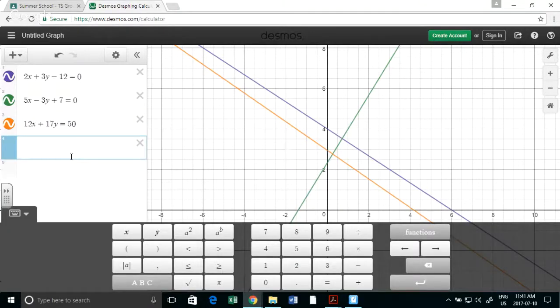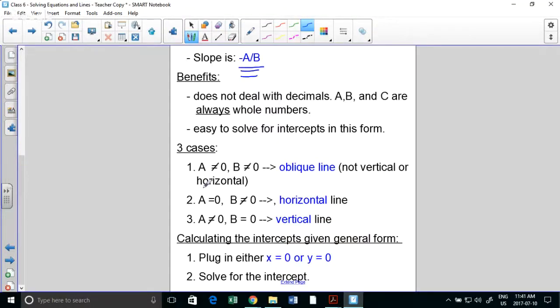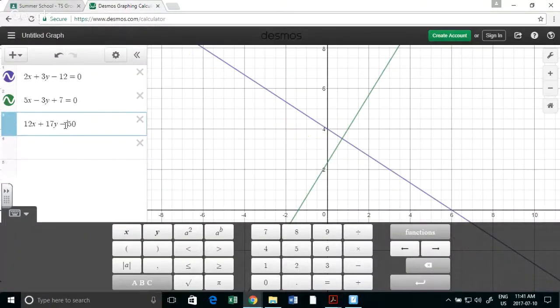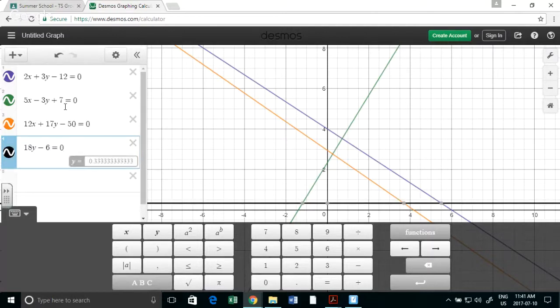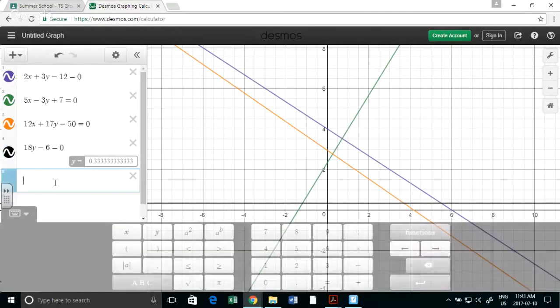But if I take out a, so if a is gone and I just have b, 18y minus 6 equals 0, then here I have a horizontal line.